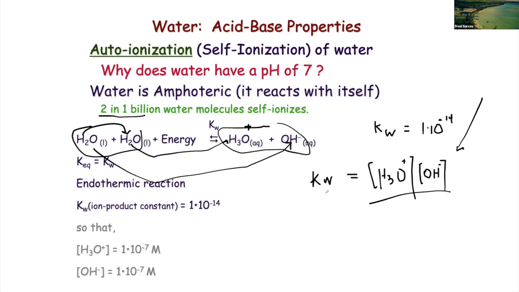Now the hydrogen ion is going to change because that's going to have a certain amount of moles in the volume that it occupies. The hydroxide ion will change because that will have a certain number of moles in the solution that it's formed.